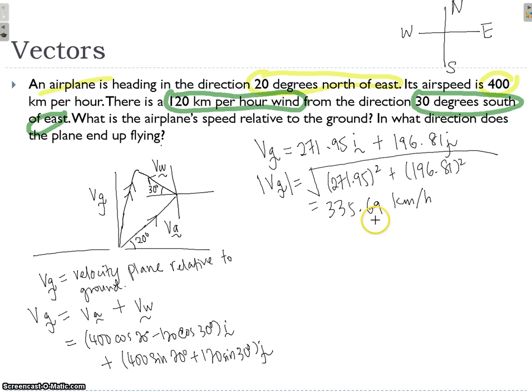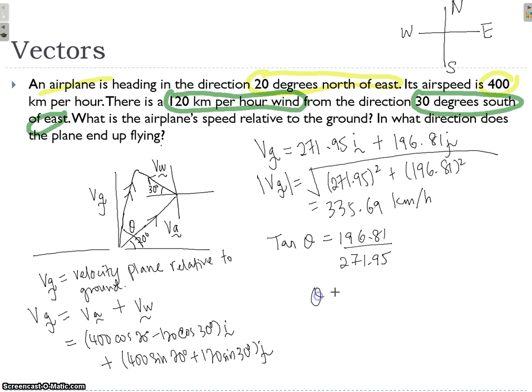So we are going to find the direction of the plane. The direction of the plane is here, theta. To find the angle theta, we take tangent theta equal to the vertical component 196.81 divided by the horizontal component 271.95.